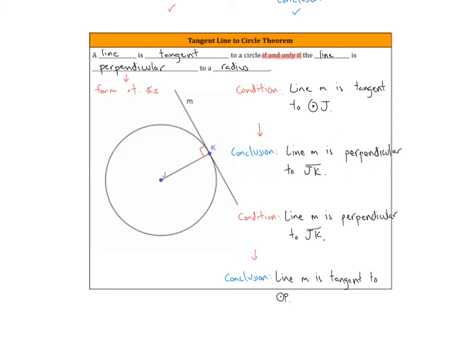When we swap that, what happens is that we don't know if line M is a tangent yet. That's not true. We don't know that yet. But what we do know is that line M is perpendicular to a radius. Once we know that, then we are allowed to make the conclusion that line M is tangent to the circle. Let's go ahead and let's use this in an example, and hopefully it'll make a little bit more sense.